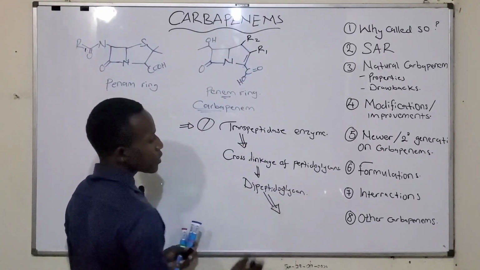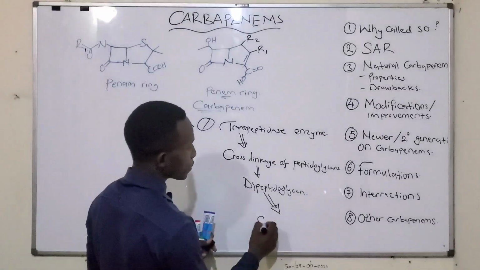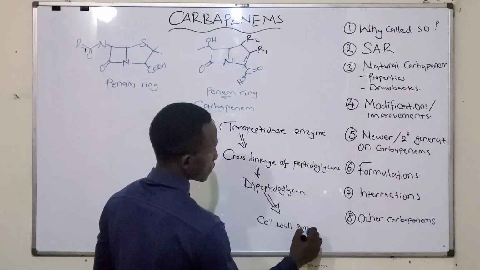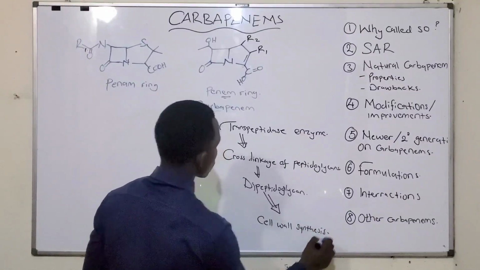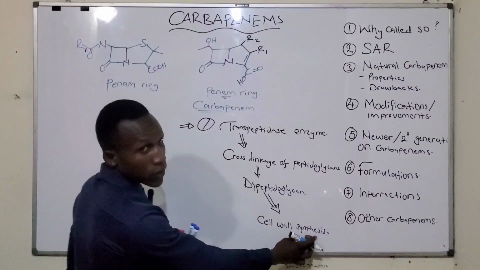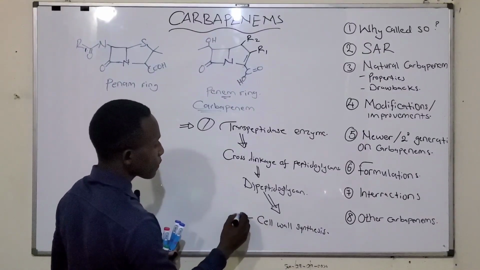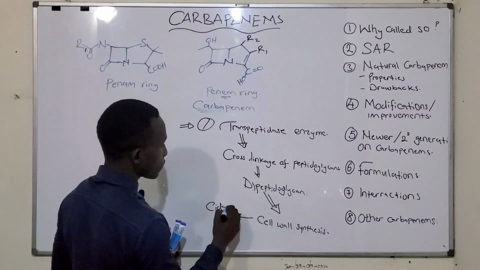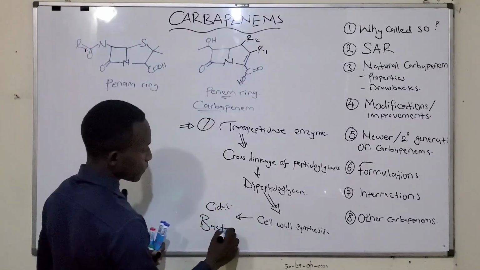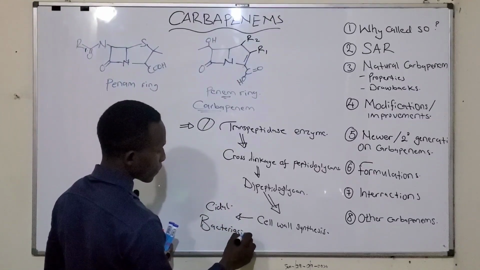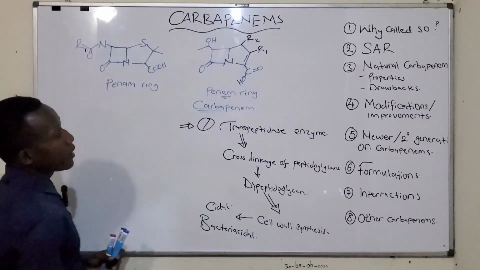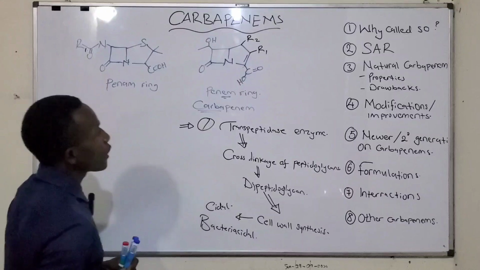Then, this means we are synthesizing the cell wall. So, if this enzyme is inhibited, meaning that there is no cell wall synthesis, we shall have the cytocidal action. So, these drugs are bactericidal. They inhibit the transpeptidase enzyme.